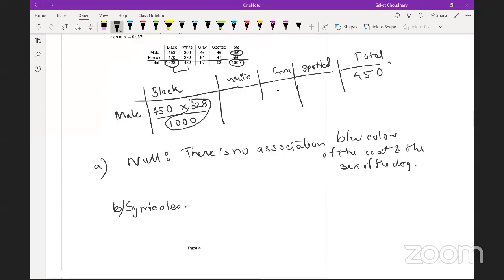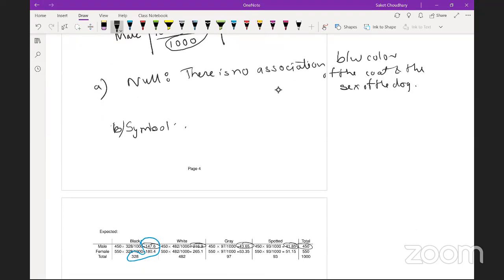One way to think about it in terms of symbols is the probability that I get a male dog, given that the coat of the dog is black, is equivalent to me getting a male dog if the dog is white colored.